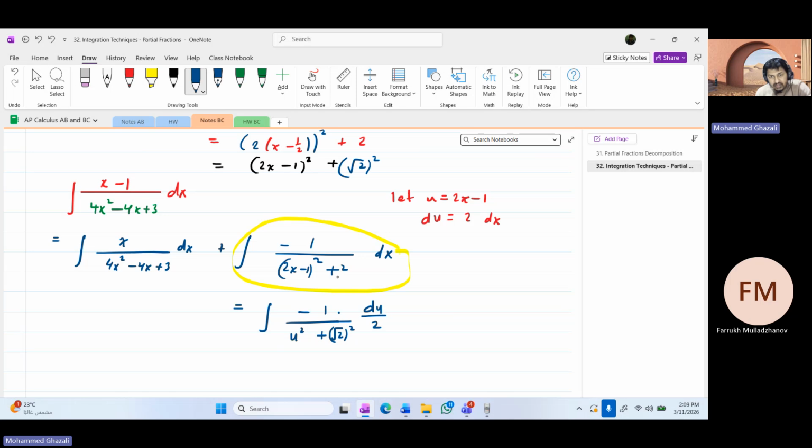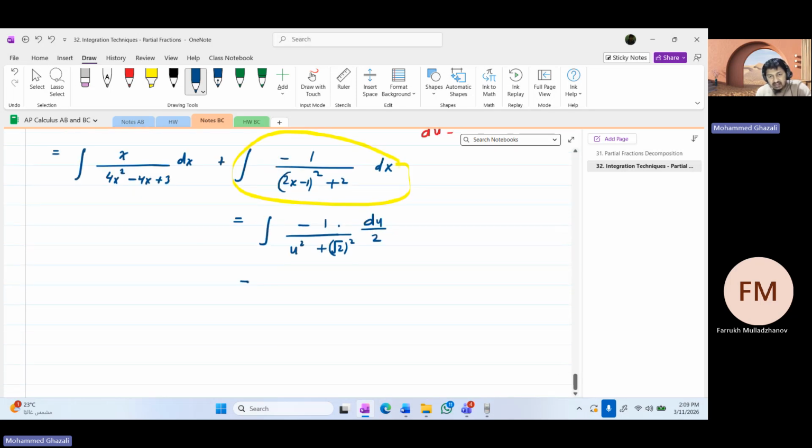I'm just converting the 2 into root 2 squared. So now you know this is arctan form. What's the arctan form? 1 over root 2 arctan. Remember, you're going to have that negative half. I can just take it out of the integral, so I'll write that at the end.